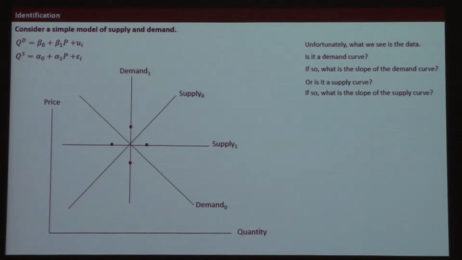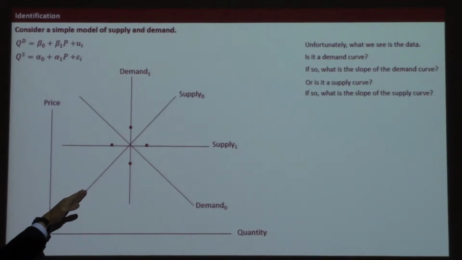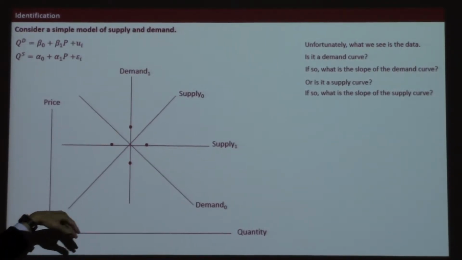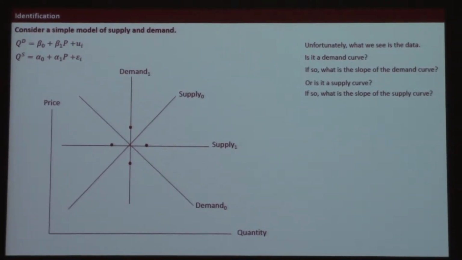So when we run our regression, when we type reg whatever, even if we've accounted for all these things, sometimes we'll get wacky results. Sometimes we'll get a positive price coefficient, for example. And what we may be doing is accidentally estimating a supply curve instead of a demand curve. Or vice versa. Sometimes when we estimate a supply curve, we get a negative coefficient and we're estimating a demand curve by accident.